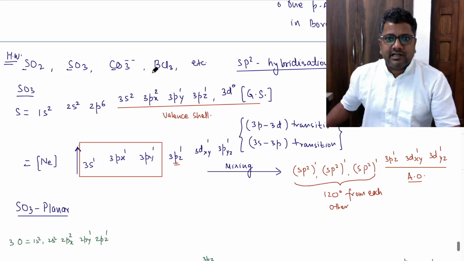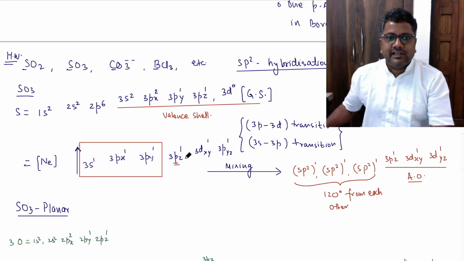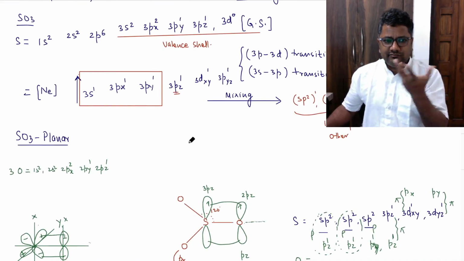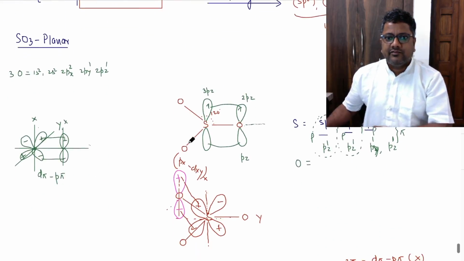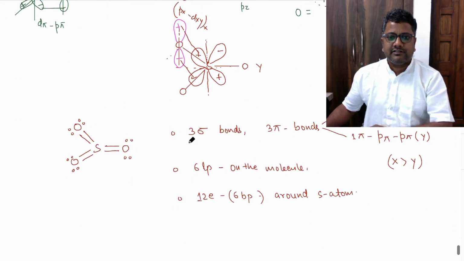One feature is common for all, that all are planar, right? In SO2, one lone pair should be there, right? Only one excitation will take place, and in carbonate, carbon is already always in excited state. So do try to explain the formation of these two molecules as homework, right?